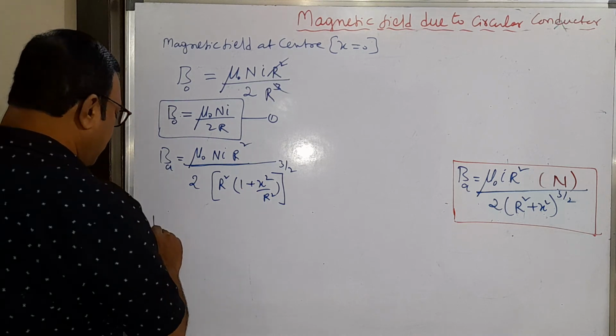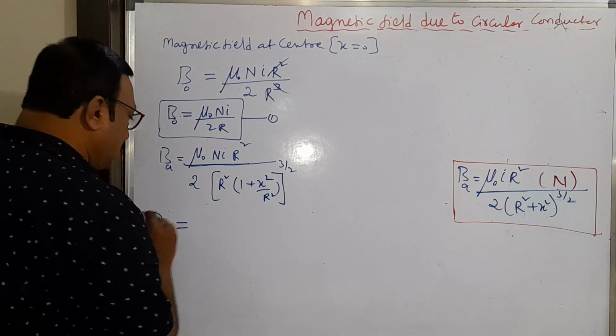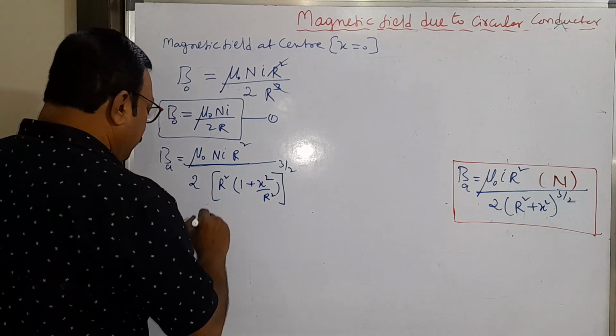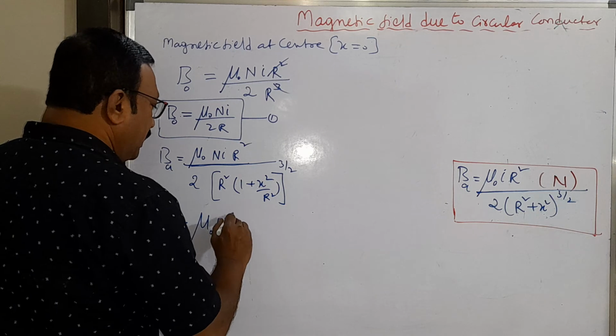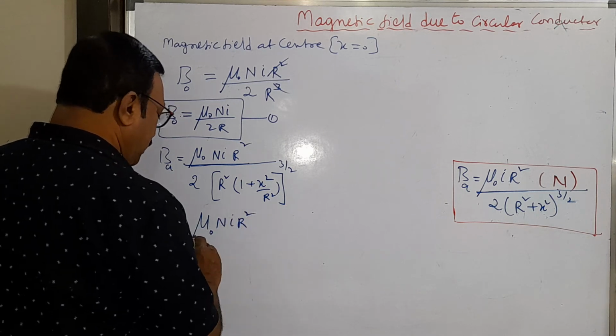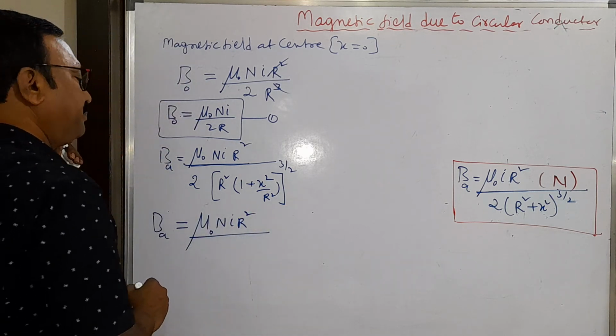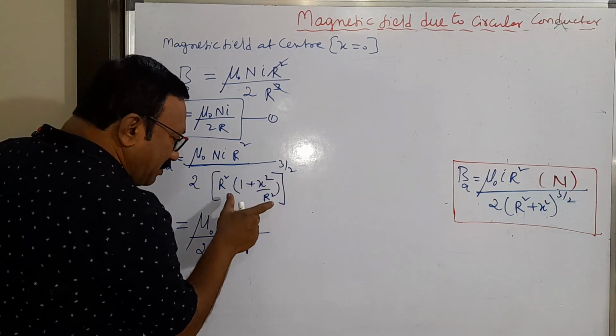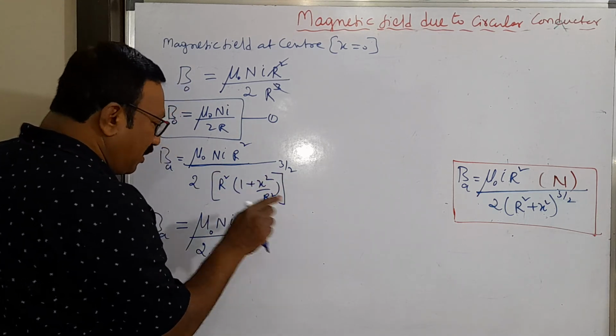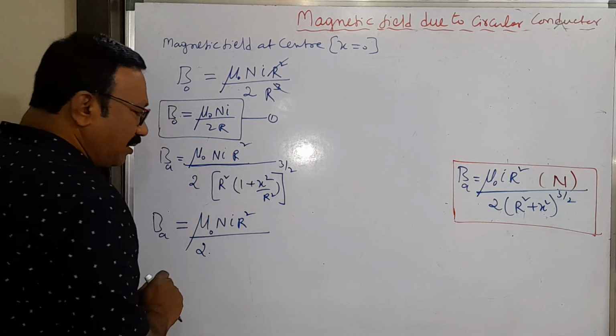So next, B axial is equal to μ₀NIr² divided by 2 into. I'll apply this 3 by 2 for this, no problem. But this r² also, this 3 by 2 is applicable.